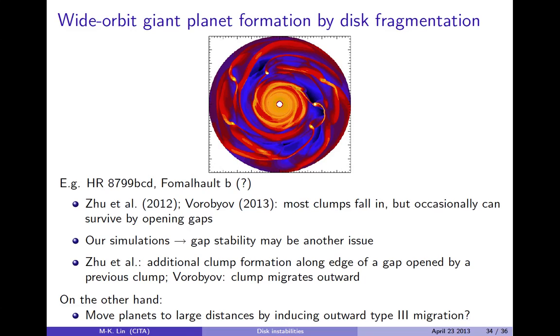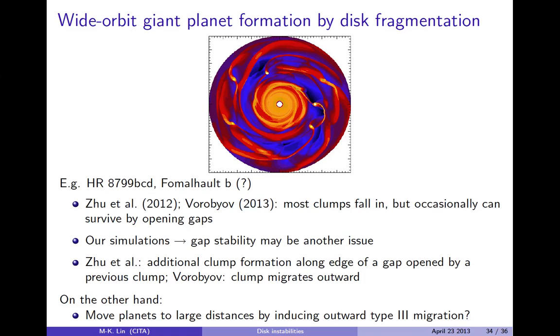So anyway, these authors were not looking for gap instabilities, but it's actually quite interesting to note that in Zhu's simulations, for example, what they found in one particular case is a clump opened a gap, but the gap edges became unstable, and there was further clump formation at the gap edge.